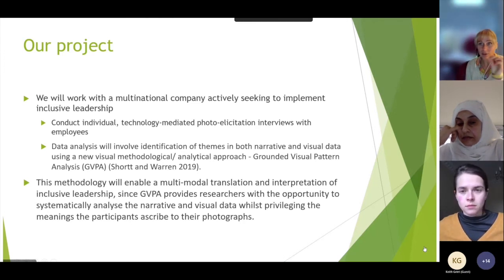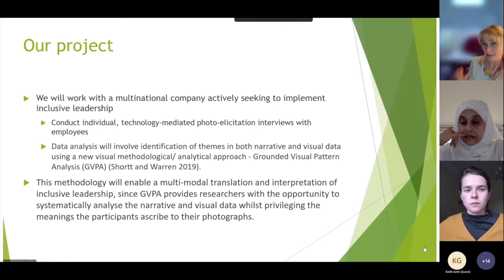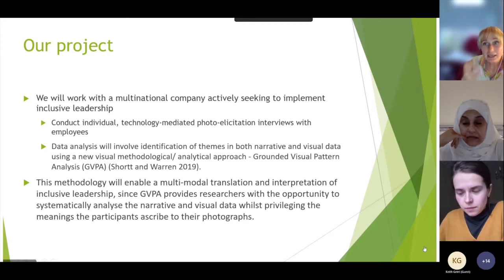Once we know the countries that we are going to be going into in that particular company, we will then contact translators who are going to be speaking the first language within that particular country.